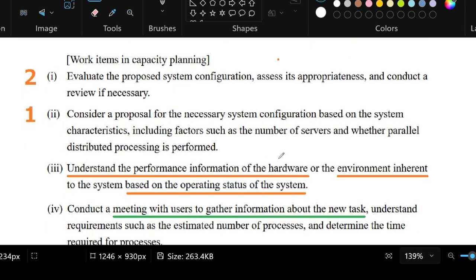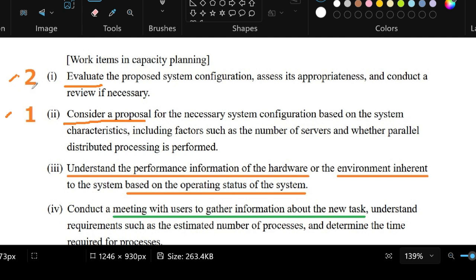If we read through all of the items, we'll see a portion where we are evaluating the proposed system configuration. And because we're already evaluating, then if we got an item where we are still considering a proposal for the necessary system configuration based on the system characteristics, then this should go first, right?